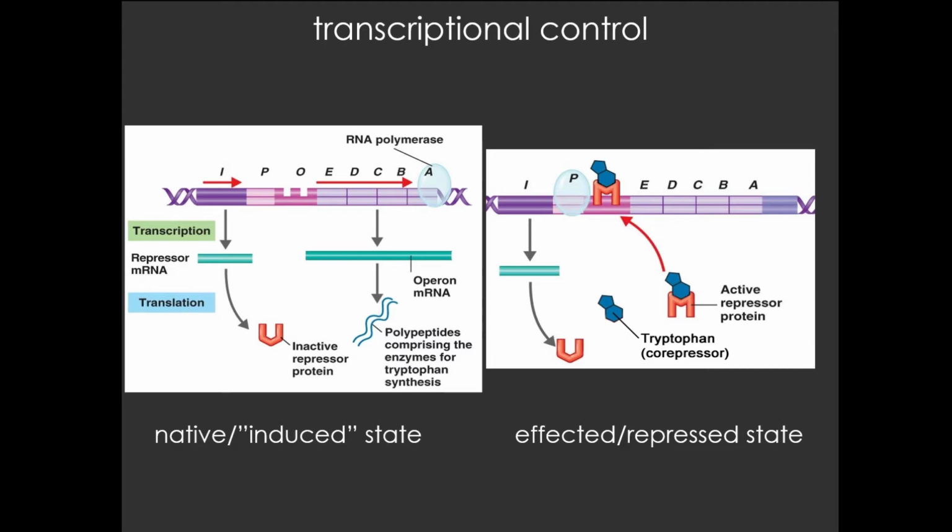If you look at the top, the repressor protein of the regulatory gene is always transcribed and translated. The difference here is that now that transcribed and translated repressor protein in its native state is turned off, which means the RNA polymerase can continue through the operator, transcribing and translating genes E, D, C, B, and A into messenger RNA, which will ultimately allow for the production of enzymes which build tryptophan, rather than the lac operon, whose enzymes catabolize or break down lactose.